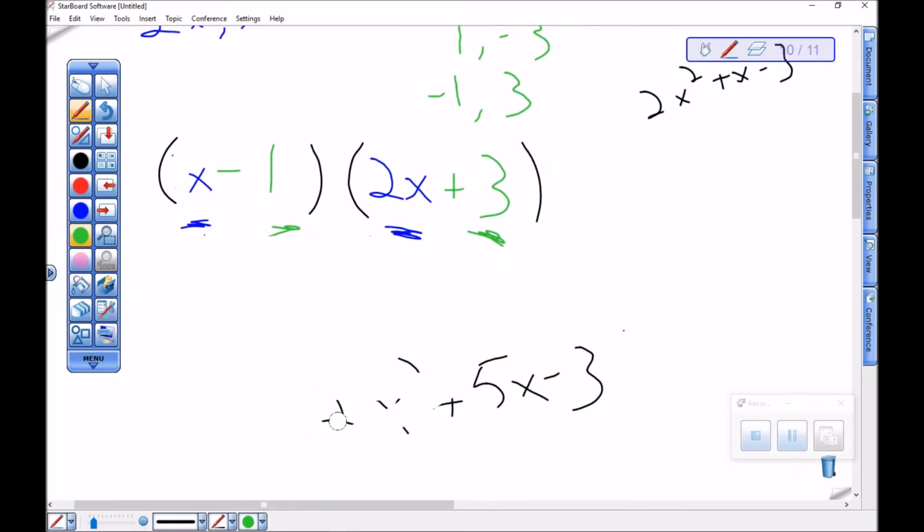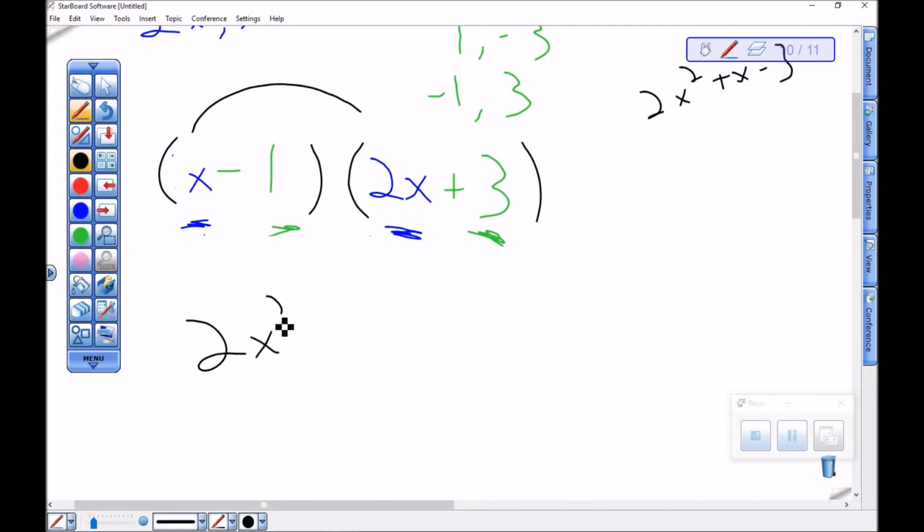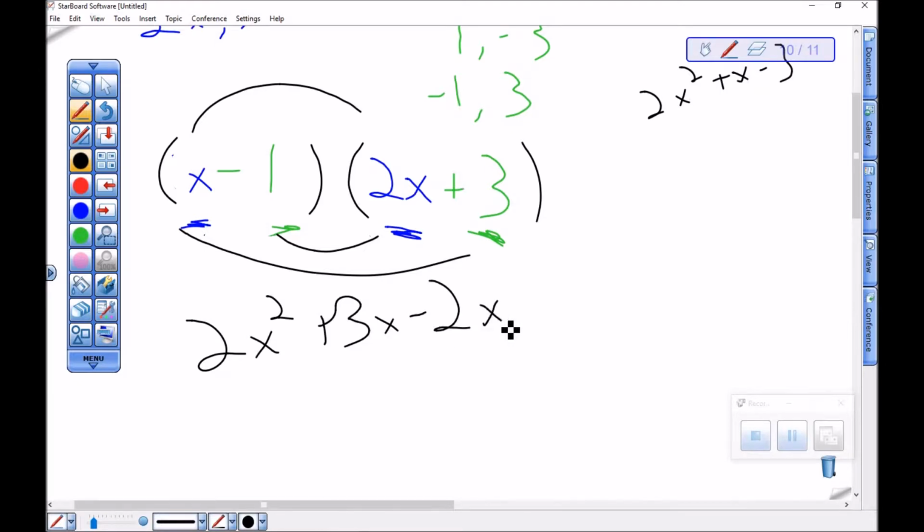Again, I'm just going to use some method to multiply these together and check to see if they give me 2x squared plus x minus 3. So x times 2x is 2x squared, better be. X times 3 is plus 3x, minus 1 times 2x is minus 2x, and then minus 1 times positive 3 is negative 3.